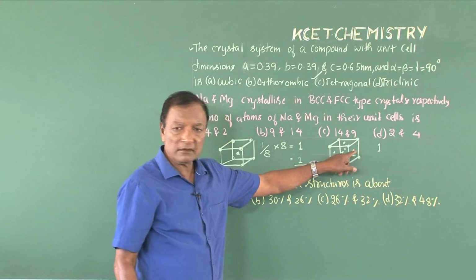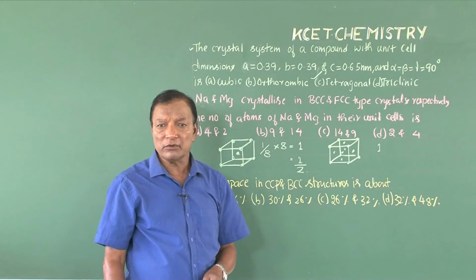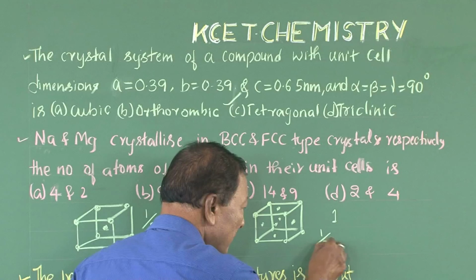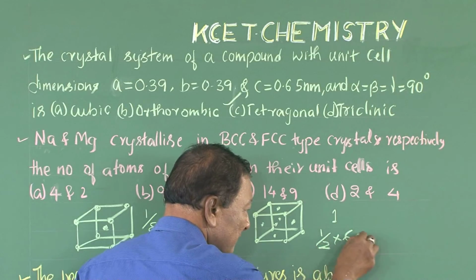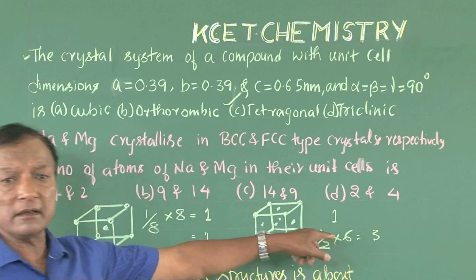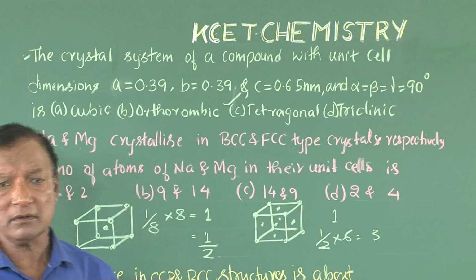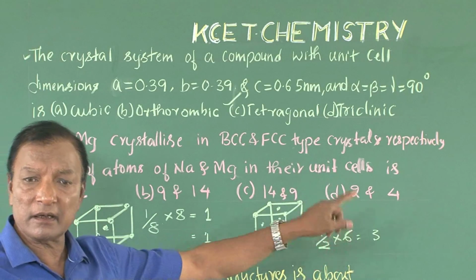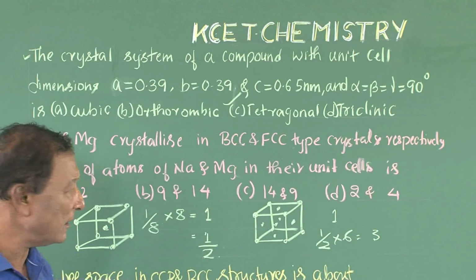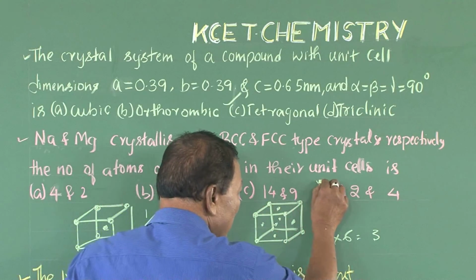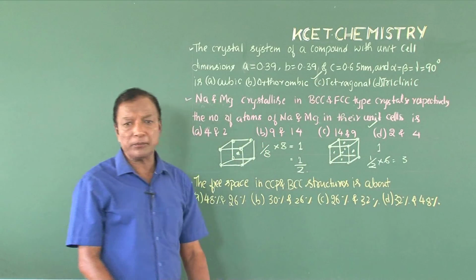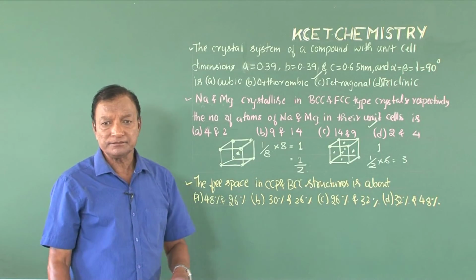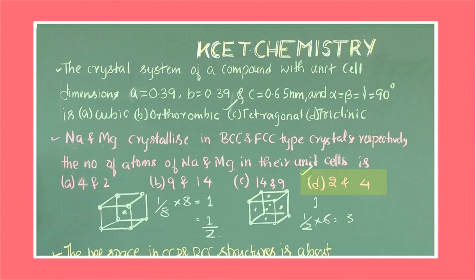And from the face, each face contributes 1/2 particle. 6 faces will be giving a total of 3. So the number of particles in the FCC unit cell is 4. Thereby, Na carries 2 particles and Mg carries 4 particles in its unit cell. And there we can easily go for the option 2 and 4, that is the D. This way the particles can be worked out.